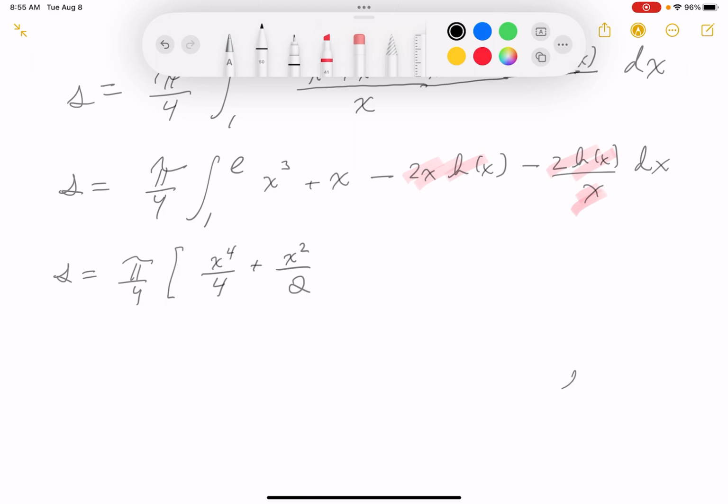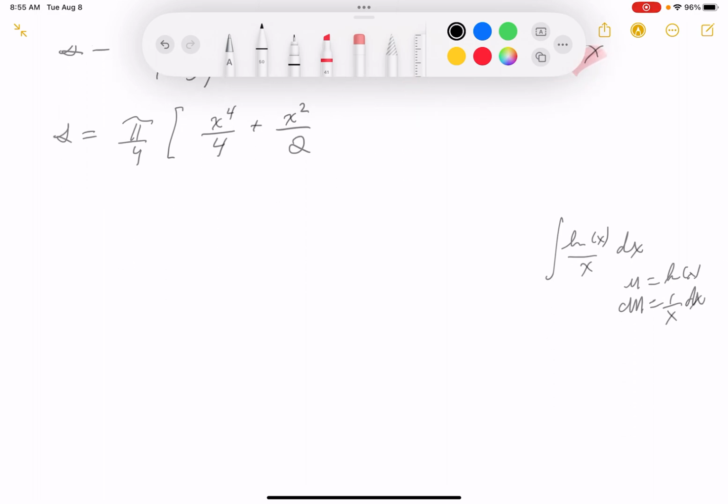Let me do ln x over x dx. And I would say u equals ln x. du would be 1 over x dx. And what do you get there? ln x would be u, and then dx over x is just a du.